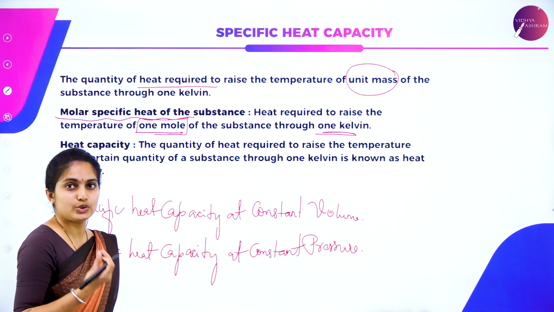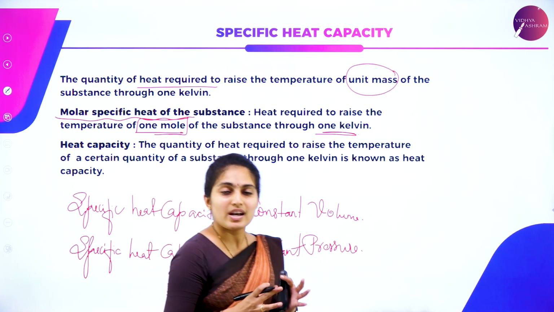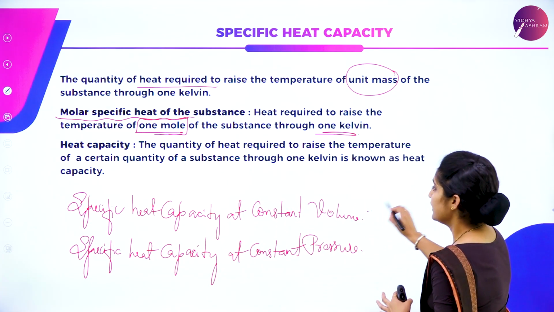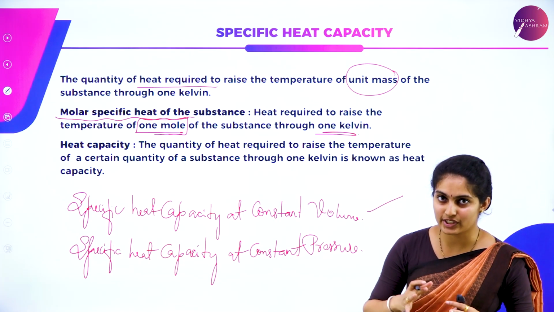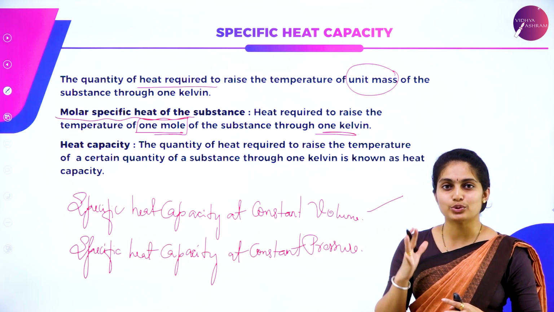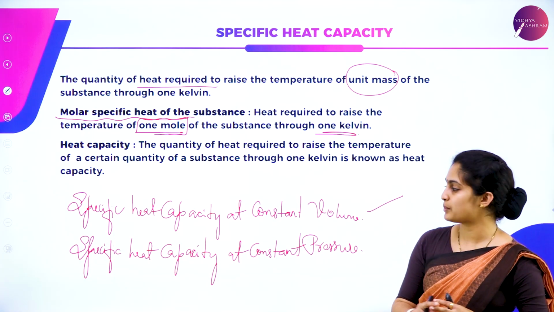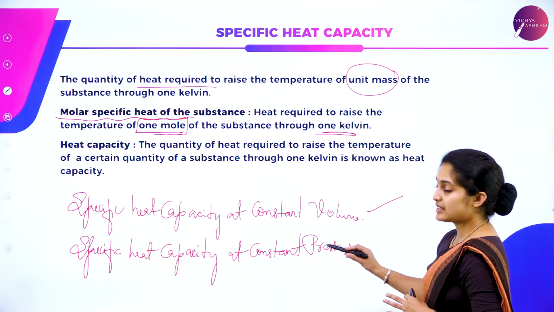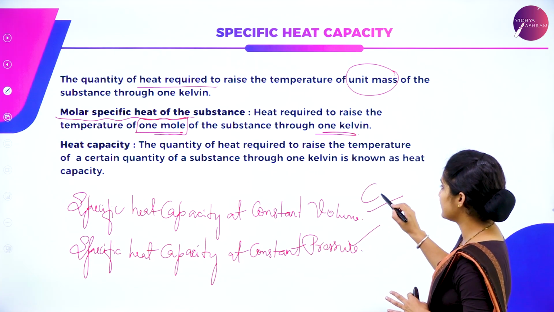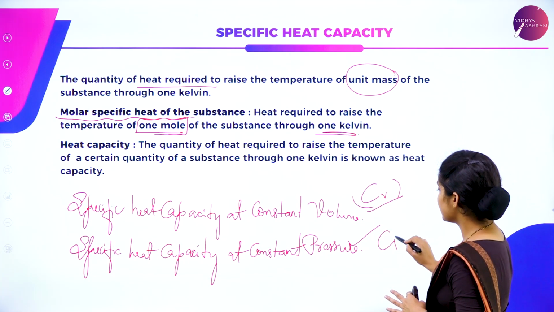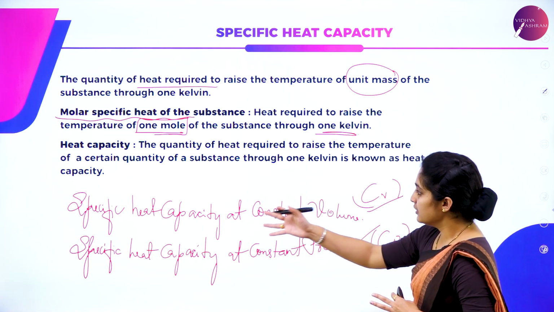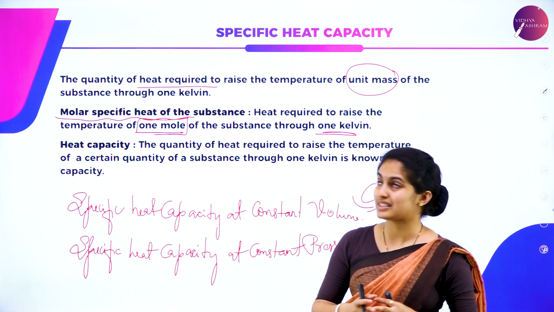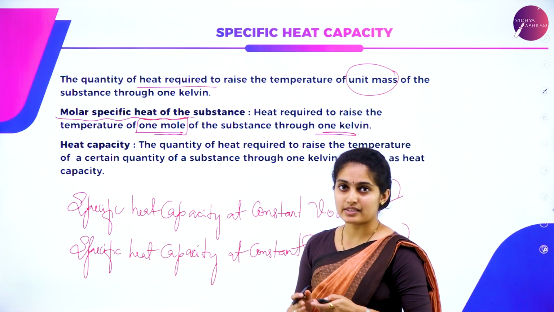The heat required to raise the temperature of 1 mole of a substance by 1 Kelvin at constant volume is called specific heat capacity at constant volume, and the heat required to raise the temperature of 1 mole of a substance by 1 Kelvin at constant pressure is called specific heat capacity at constant pressure. These are called CV and CP. So this is all about specific heat capacity concepts.